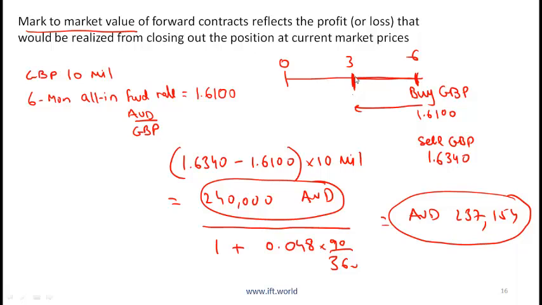And note that when you go long on a currency, so in this case we went long on the pound, our contract is going to give us a profit if our base currency appreciates. So notice that the number went up from 1.61 to 1.6340, and since the currency is strengthening, that's why we have made a profit.